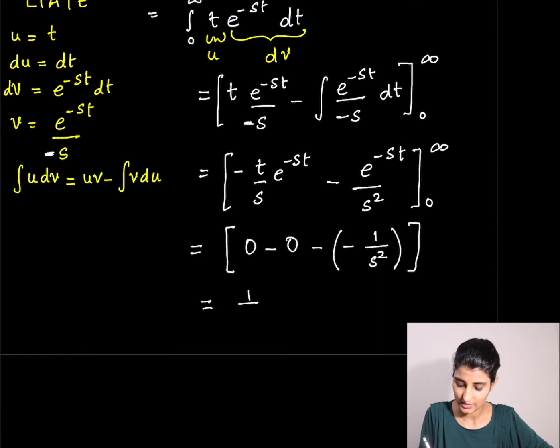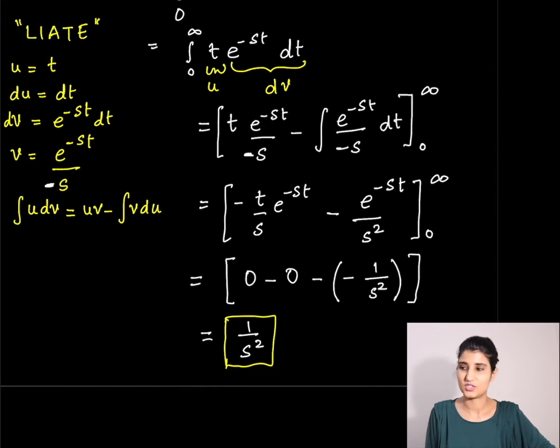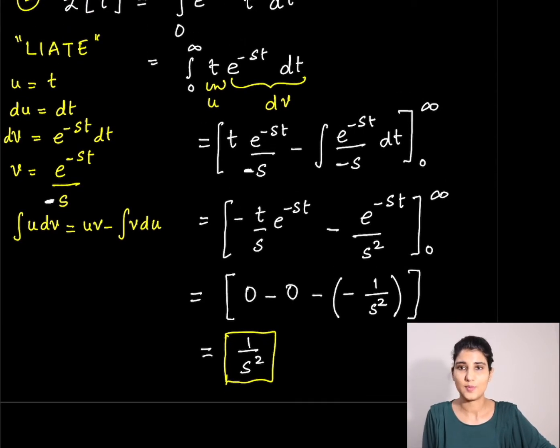Negative negative cancel out, so our answer is 1 over s squared. See how easily this follows, right? You just need to use integration by parts.